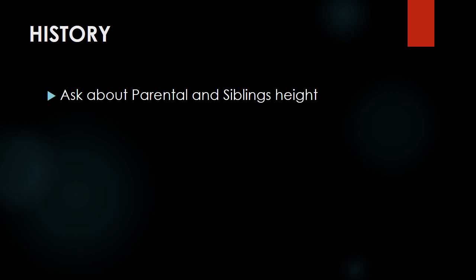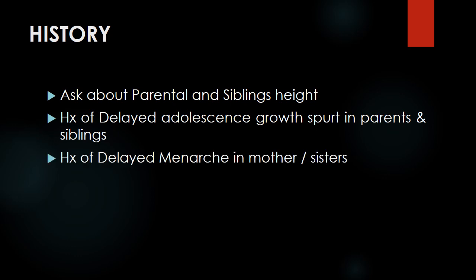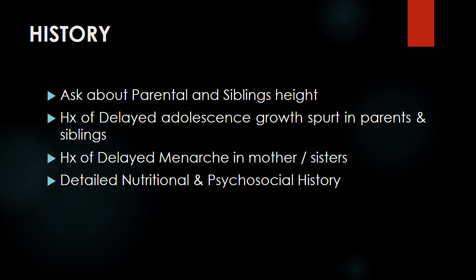As far as history is concerned, it is important to ask about the height of the parents and the siblings, the timing of growth spurt in the parents and siblings, and the onset of menarche. All of these would be helpful in differentiating between constitutional short stature and other causes of short stature.